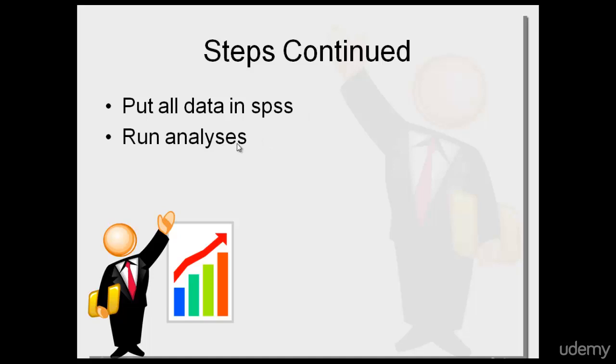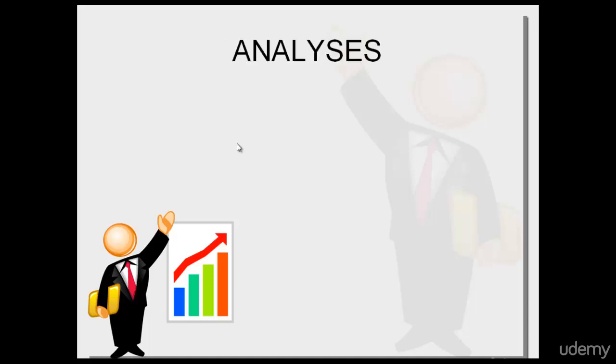So let's see what analysis you are going to perform. First, analysis begins with reliability analysis, and what reliability tells and what all these mean, I'll let you know in the next lectures, because each of our analyses is composed of a section.